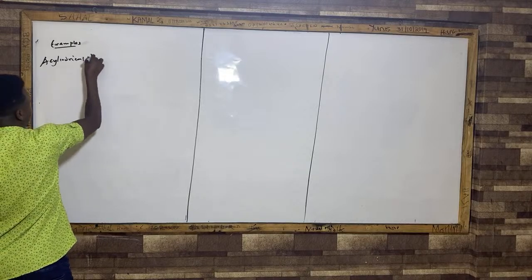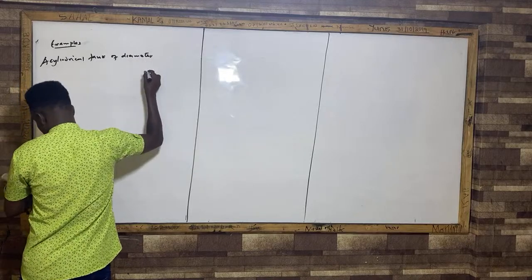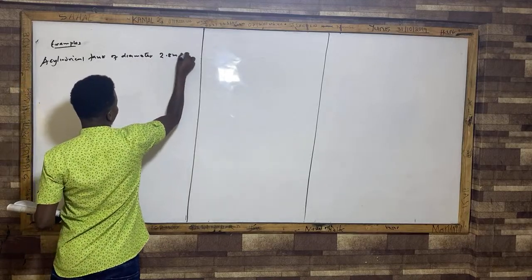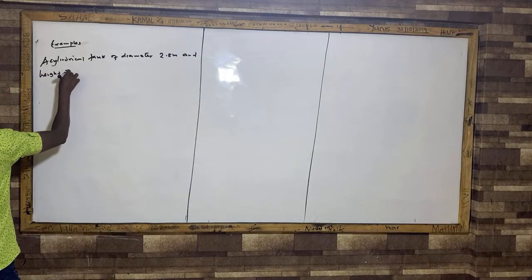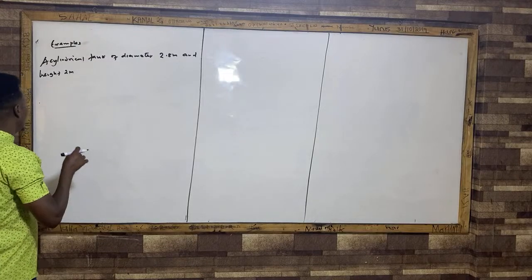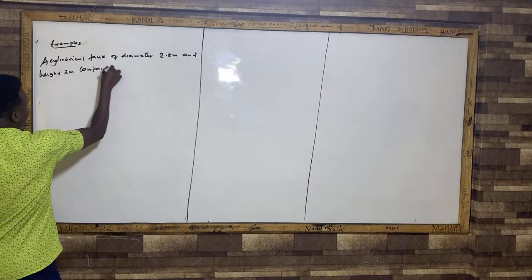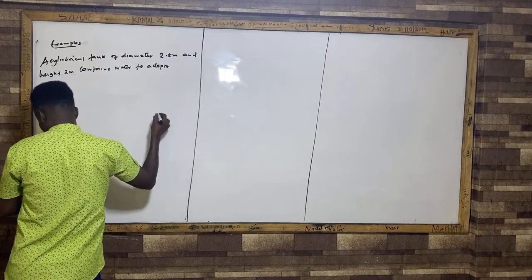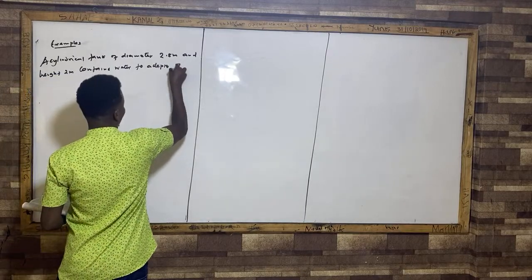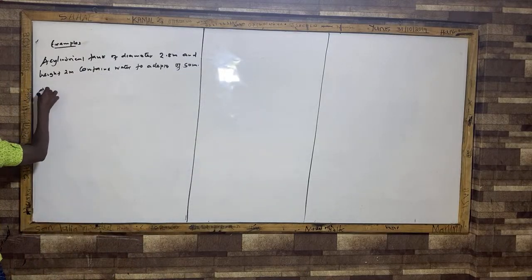A cylindrical tank of diameter 2.8 meters and height 2 meters contains water to a depth of 50 centimeters. Full stop.